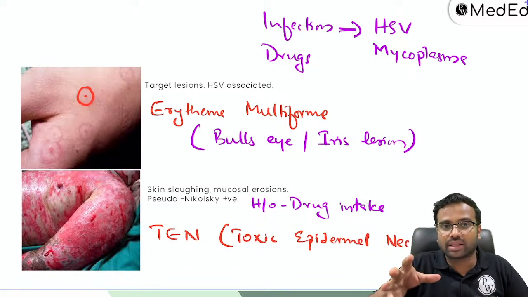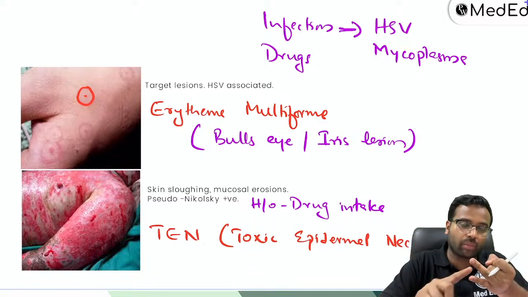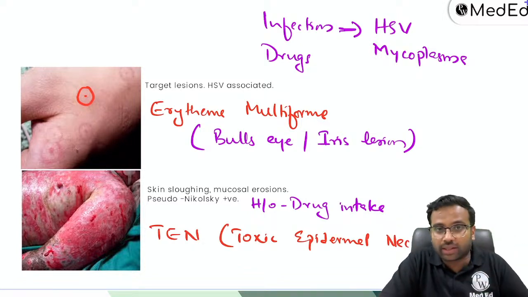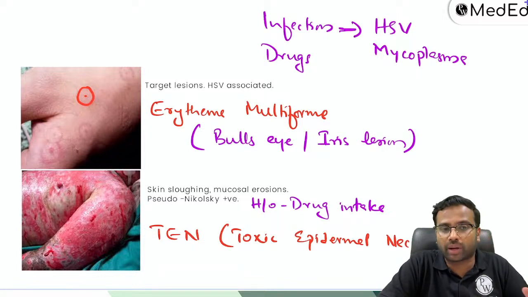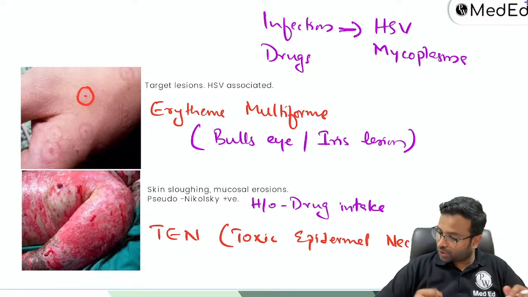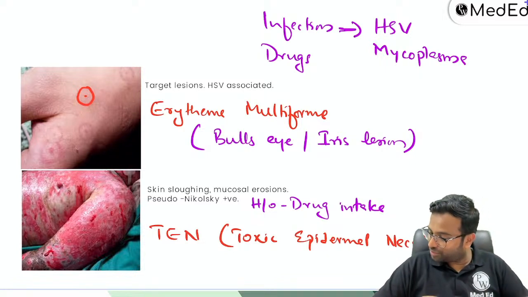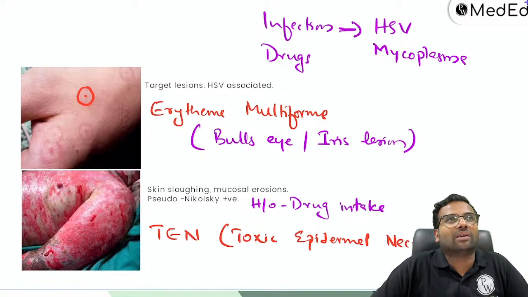When you have learned this, you must have learned Stevens-Johnson syndrome and toxic epidermal necrolysis together. What differentiates Stevens-Johnson syndrome from toxic epidermal necrolysis? Involvement of the mucosa?